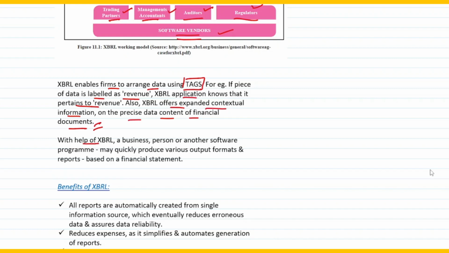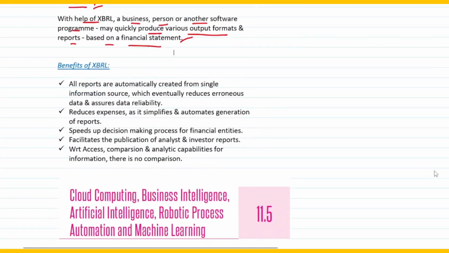With the help of XBRL, a business, person or another software program may quickly produce various output formats, because they already have a lot of information with them. So just on the basis of the financial statement, they can quickly produce output formats and reports, right?